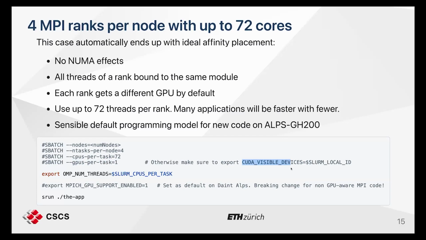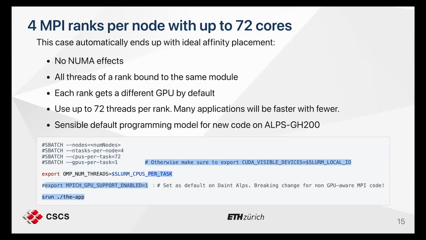Because our nodes are configured in such a way that it still allows oversubscription, you won't get a failed job, but you'll see degraded performance. So make sure to set this or export CUDA_VISIBLE_DEVICES.